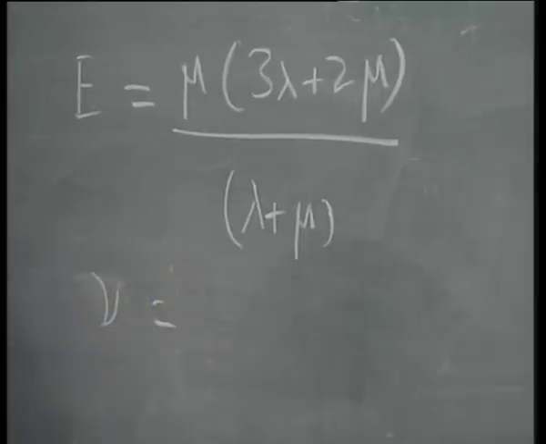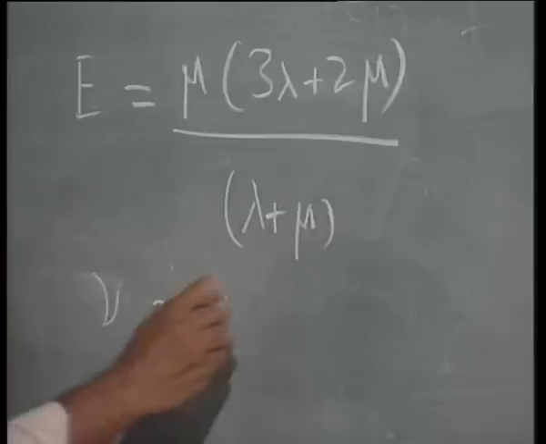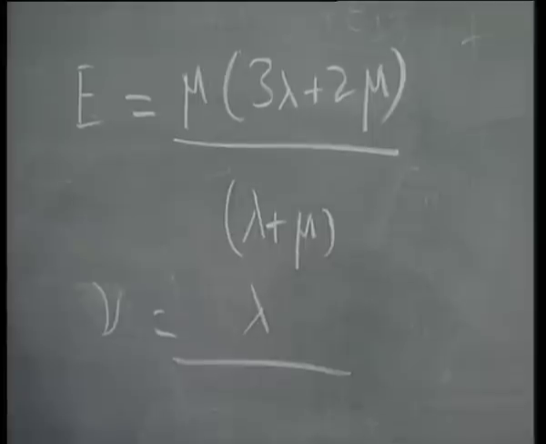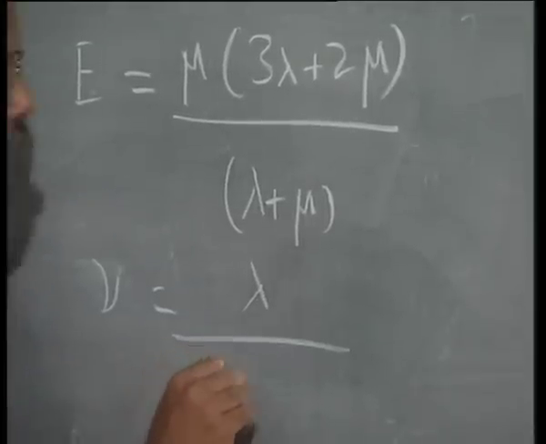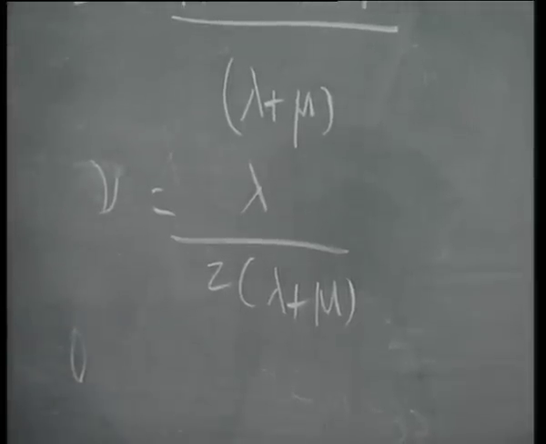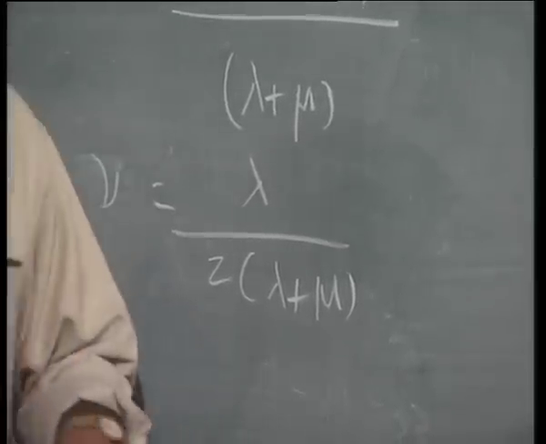Okay, I am just rewriting that. Let me write that down. Lambda divided by 2 into lambda plus mu. That's what we derived.